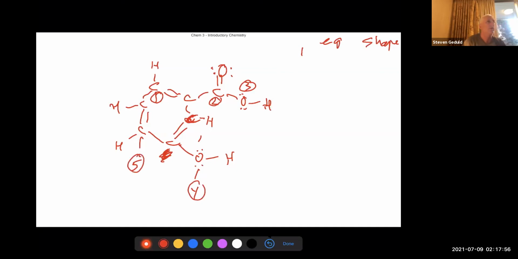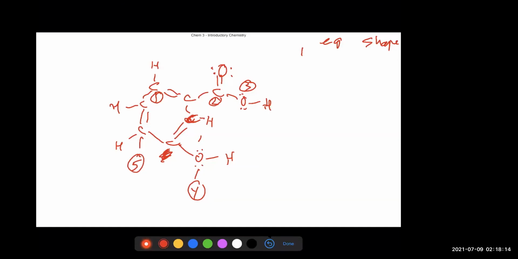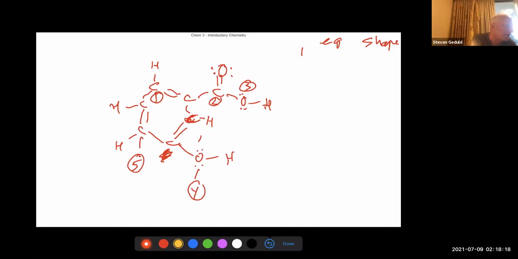All right. So number 1. Everybody see number 1? How many bonds to that carbon? Three. Yeah, there's 3 negative groups. There's a group here, a group here, and a group here. So 3 groups to that carbon.